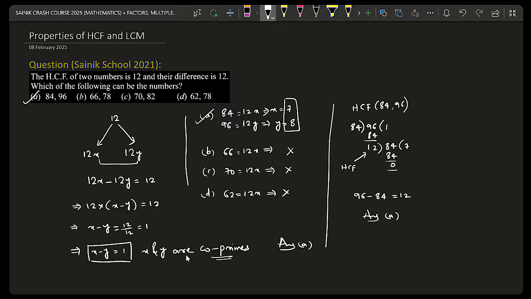If they are not co-primes, they have a common factor other than 1, something like 2, 3, etc. That common factor also gets multiplied into this 12 and the HCF will increase. But we want the HCF to stay 12. That's why they should be co-primes. Okay, sir.